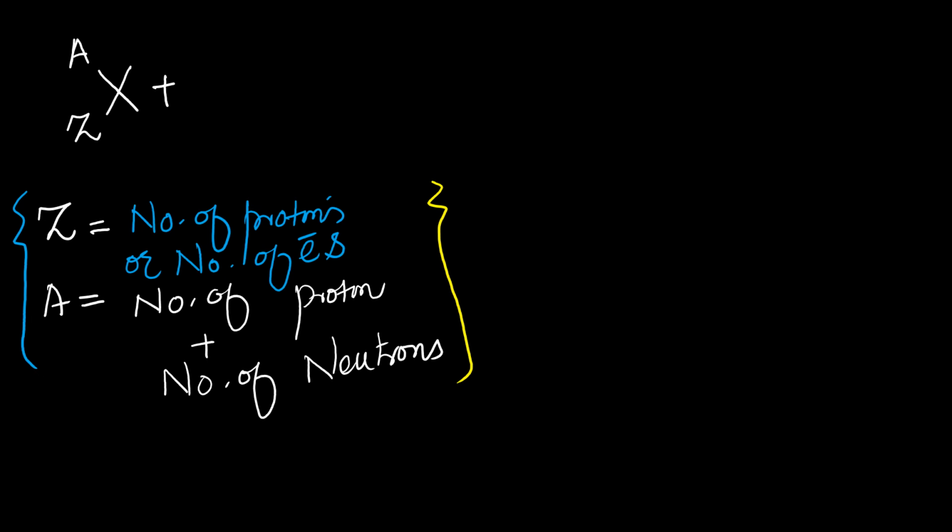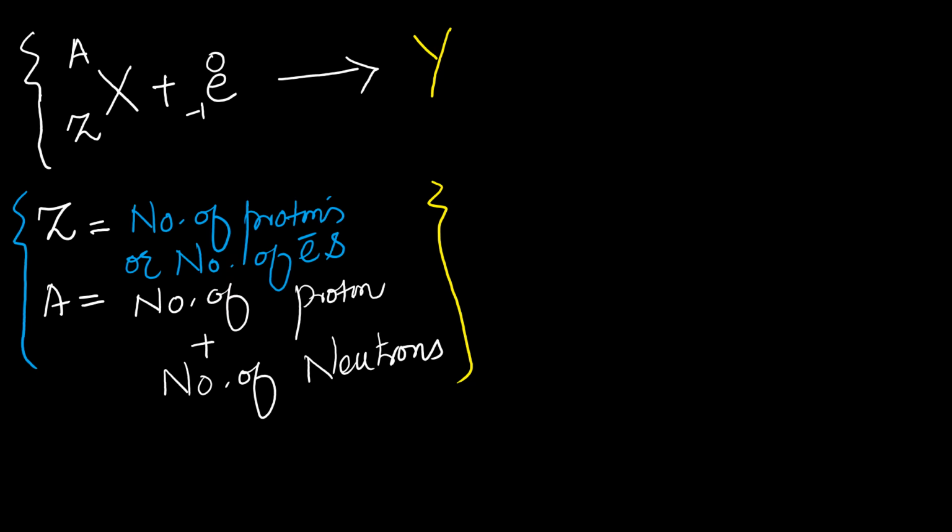This means that the nuclei of this element will gain an electron. When it gains an electron, the parent atom changes into a new daughter atom and daughter nuclei. Suppose this X atom is converted into a new daughter atom, which is Y atom.